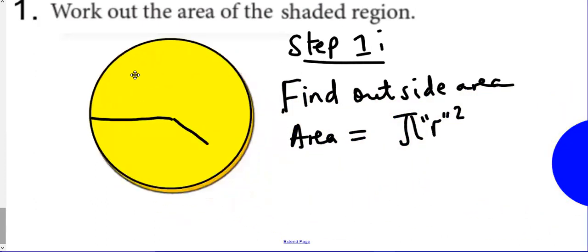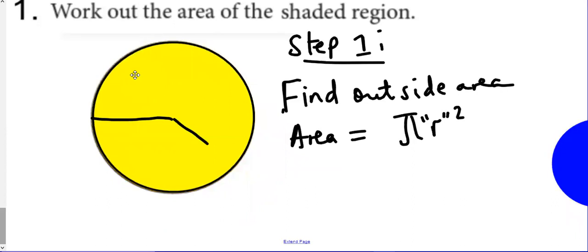Can you see? This is the shape I'm talking about. I'm finding the outside area. What is the outside area? That will be equal to pi r squared. But what is the radius I'm talking about? The radius I'm talking about is from here to here and not this radius.